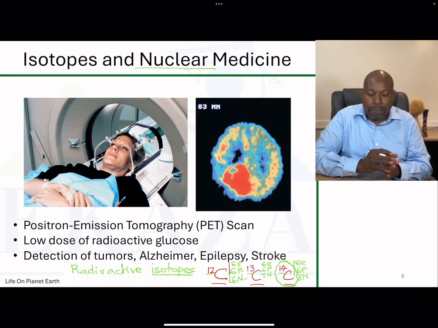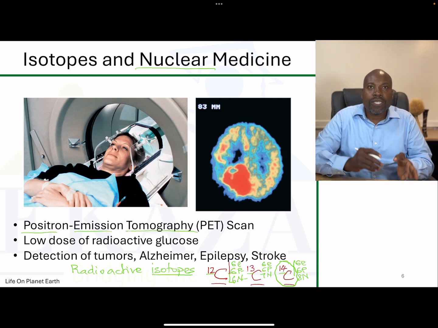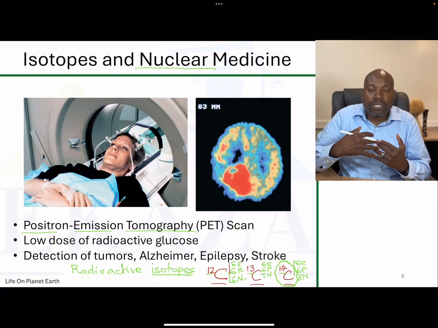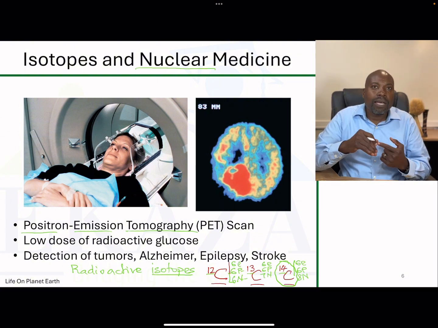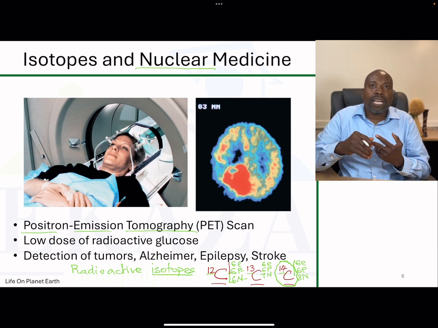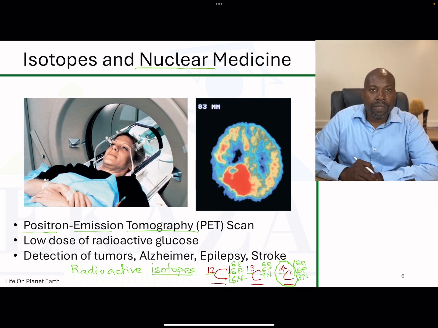So that today we can use a technology that we call positron emission tomography to scan some organs in our system, including our brain, some glands such as the thyroid gland, and many other organs.